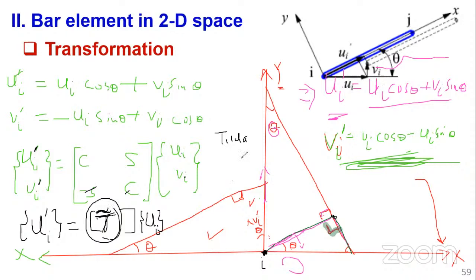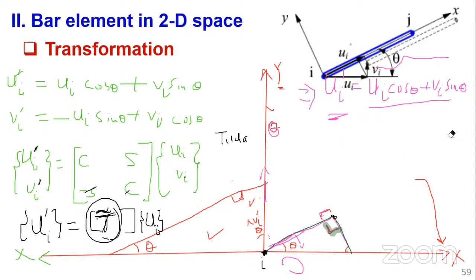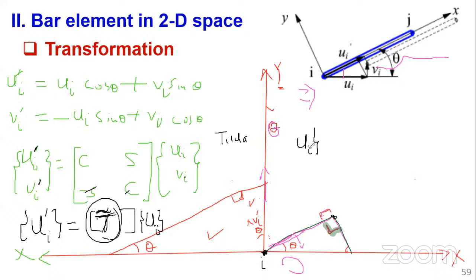In a similar manner, I can use this space to write it for Uj. Now U here will represent both U and V. Uj in the local coordinate system, now this is J, or node 2, will be the same cos, sine, minus sine, cos, because the behavior of this node is the same as this node.